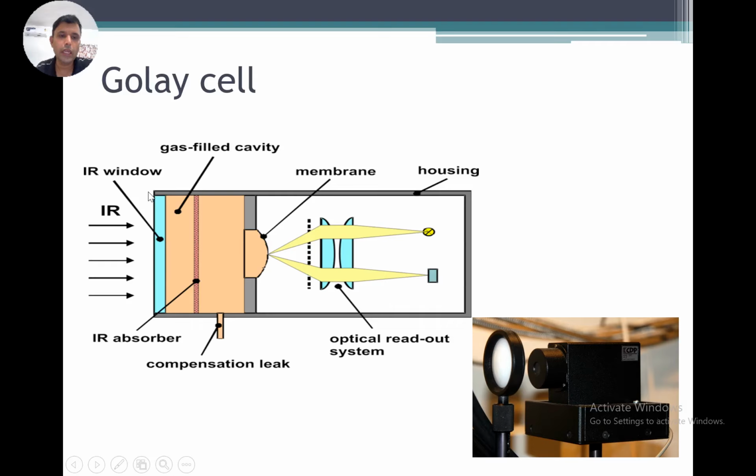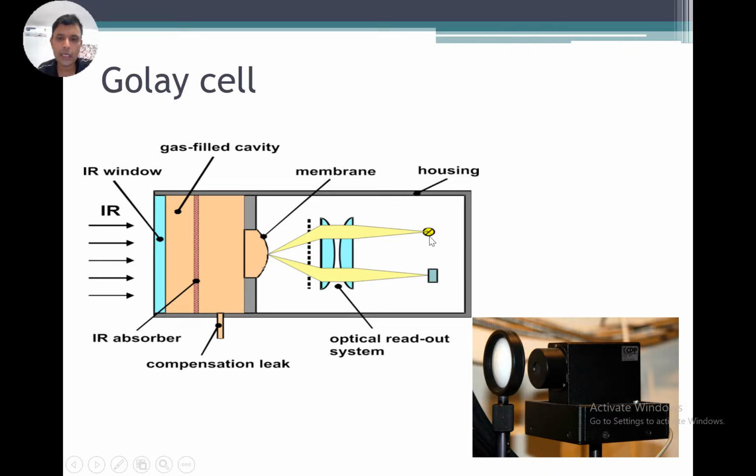We can see an IR window here, and the next portion is separated by a flexible diaphragm. In the second part we can see a light source.